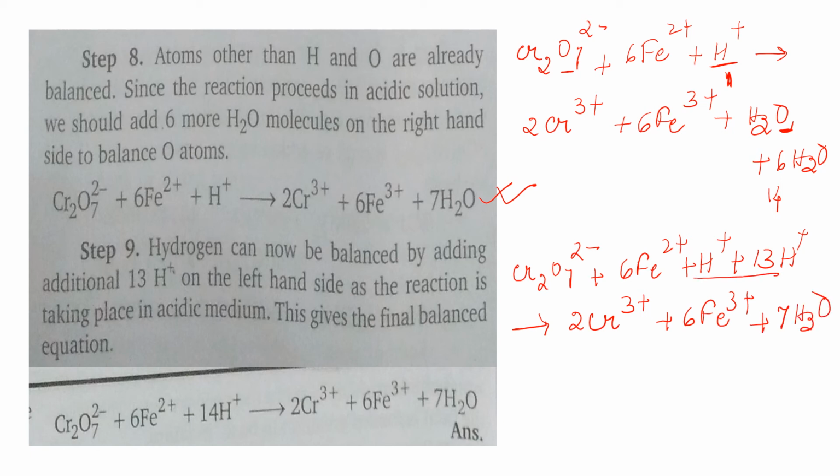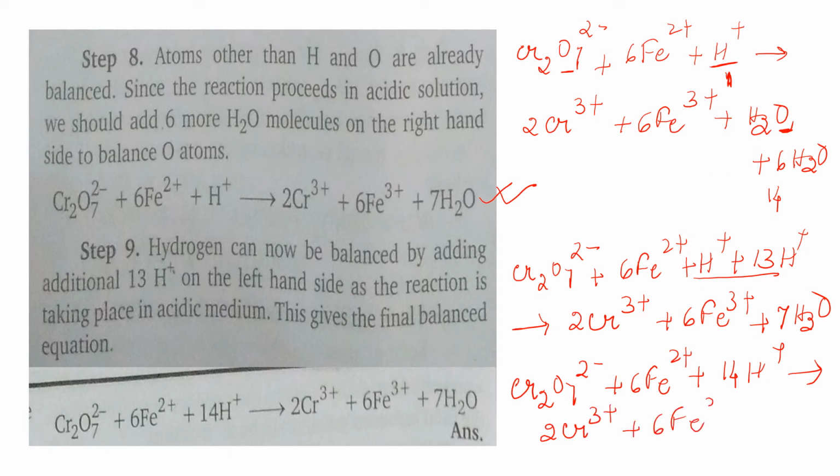Now this will become Cr2O7 2- plus 6Fe2+ plus 14H+ is giving you 2Cr3+ 6Fe3+ 7H2O. Now you see everything is balanced. So this is your answer.